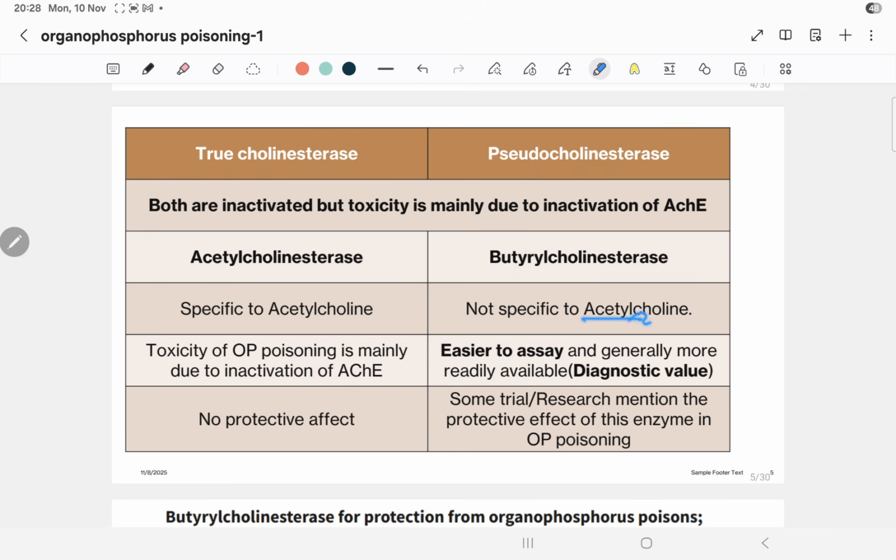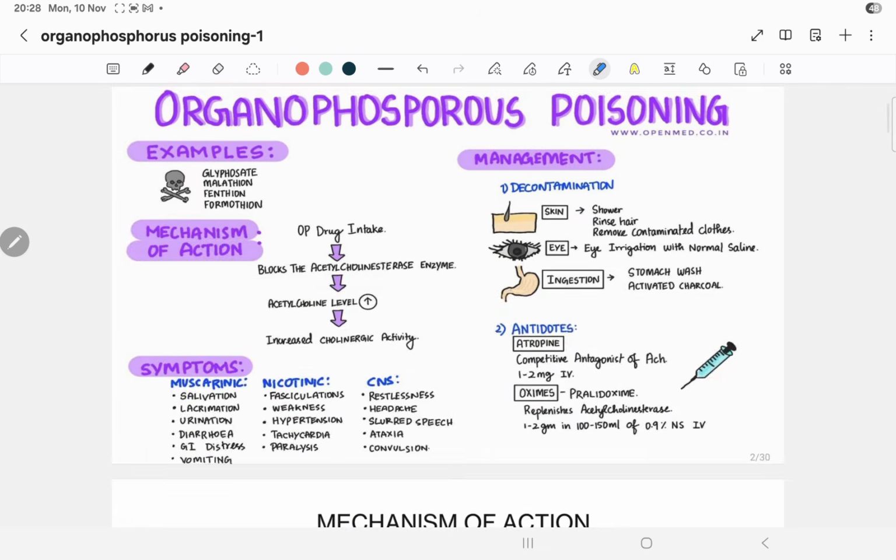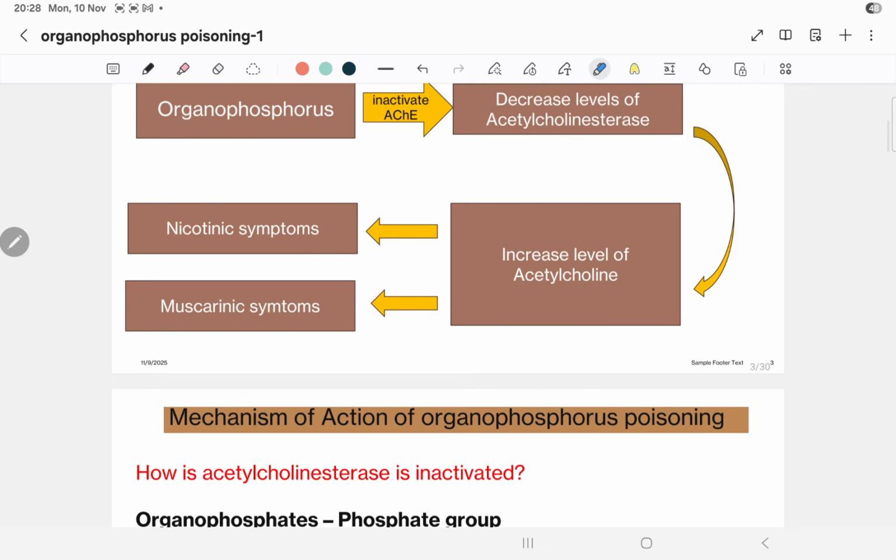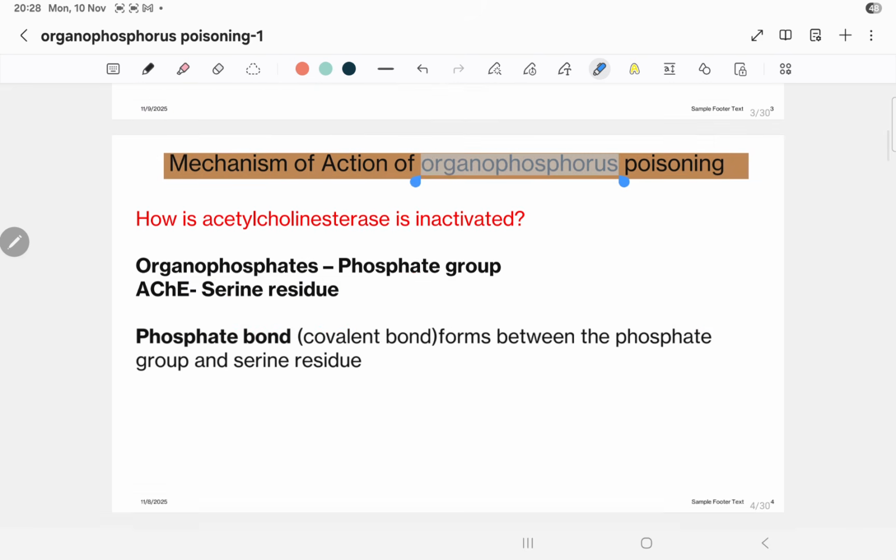So it will not have much effect on acetylcholine, and there will be no muscarinic symptom or nicotinic symptom because of inactivation of this enzyme. That is why the toxicity of organophosphorus poisoning is mainly due to the inactivation of acetylcholinesterase. It is not due to the inactivation of butyrylcholinesterase. That is why in the mechanism of action we only mentioned acetylcholinesterase. We have not mentioned butyrylcholinesterase.